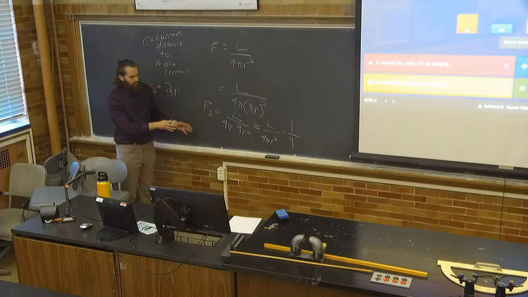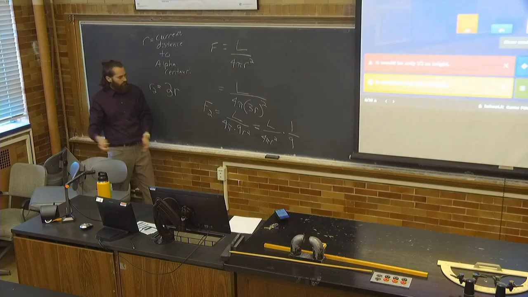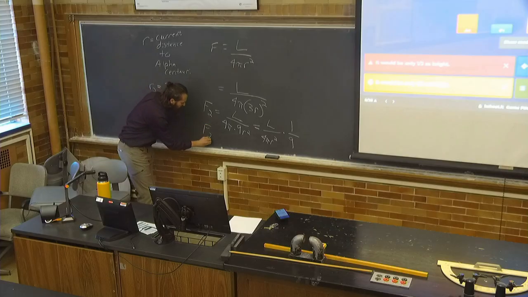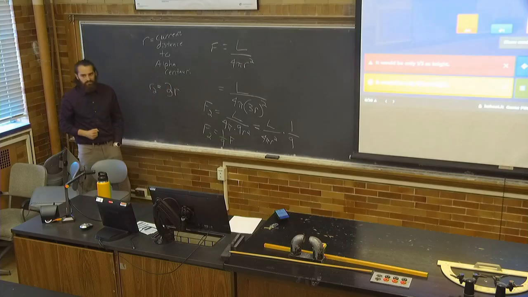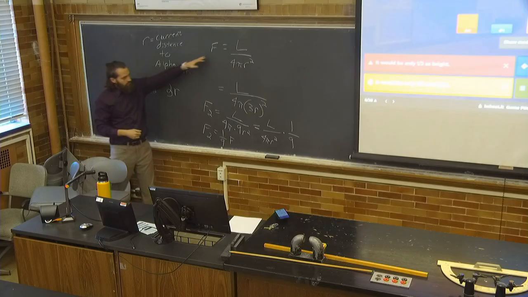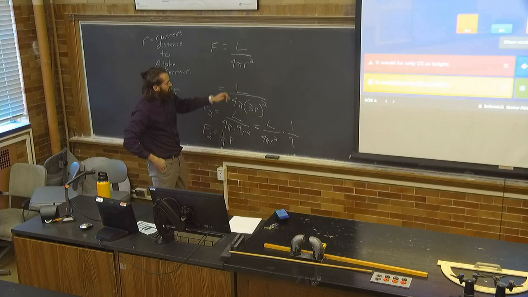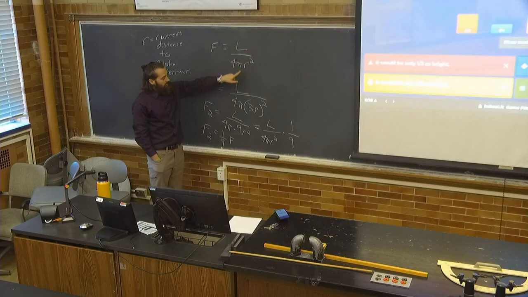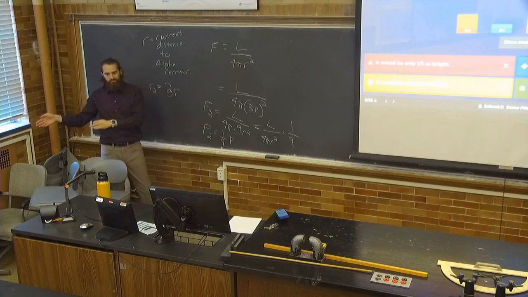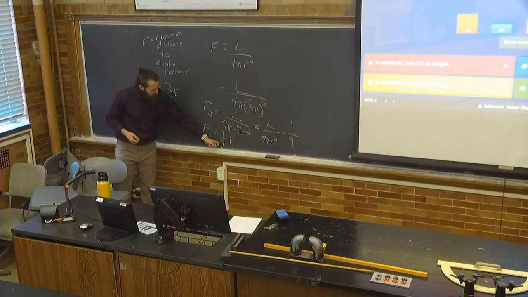The flux after we've moved it 3 times farther away is going to be 1/9 of our original flux F. So you don't necessarily have to do all of this math, you just need to know that whatever amount I'm increasing my distance by, I need to square it. So if I moved it twice as far away, it would be 1/4 as bright. This was 3 times farther away, so it was 1/9 as bright.